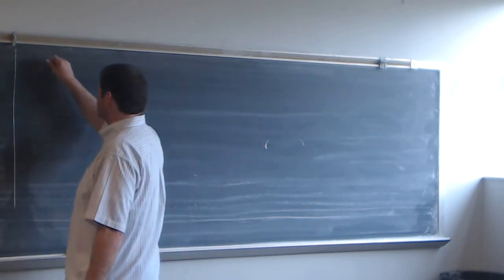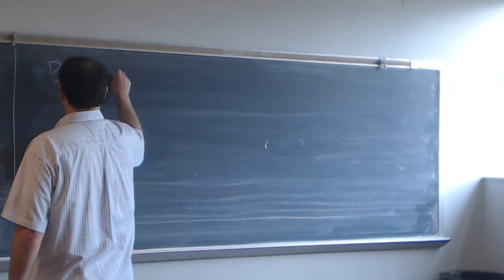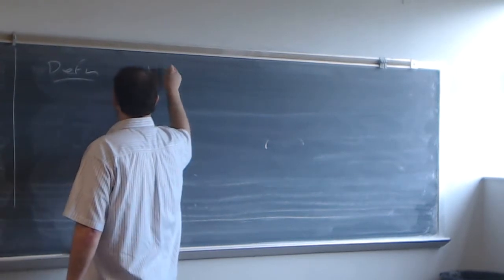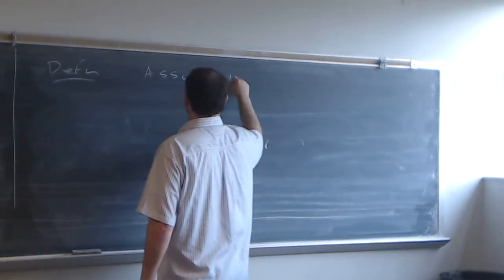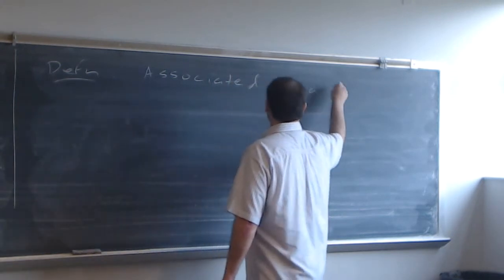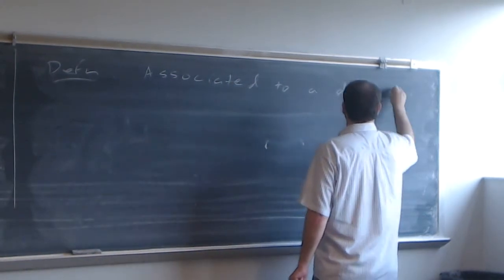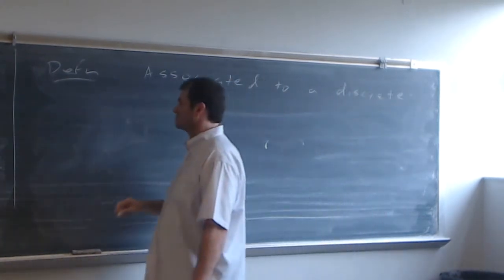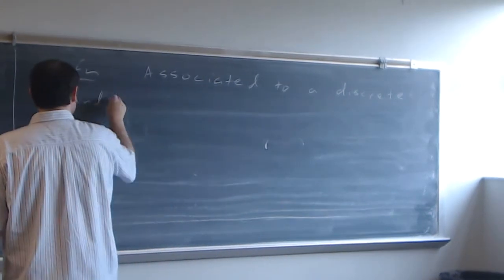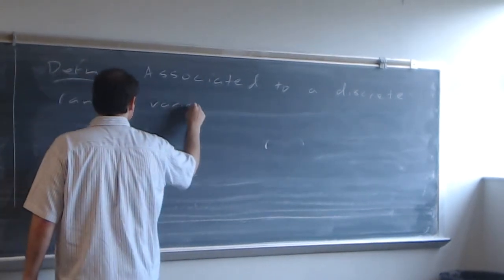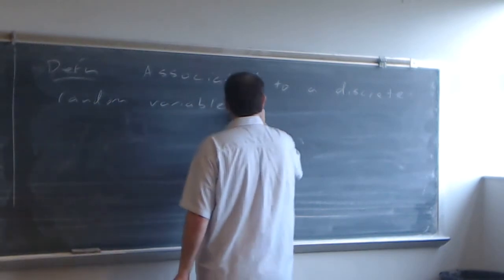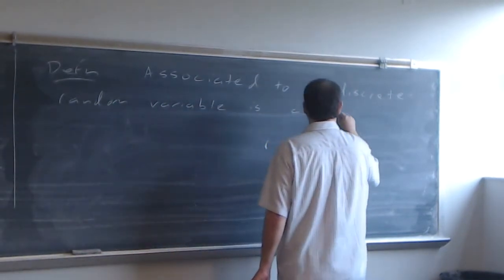And for a discrete random variable, here's what we'll say: associated to a discrete random variable is a function.